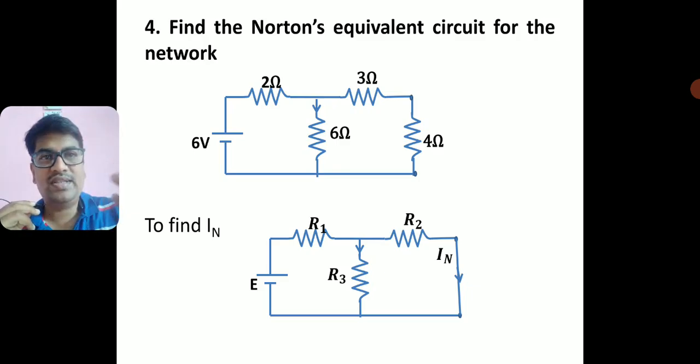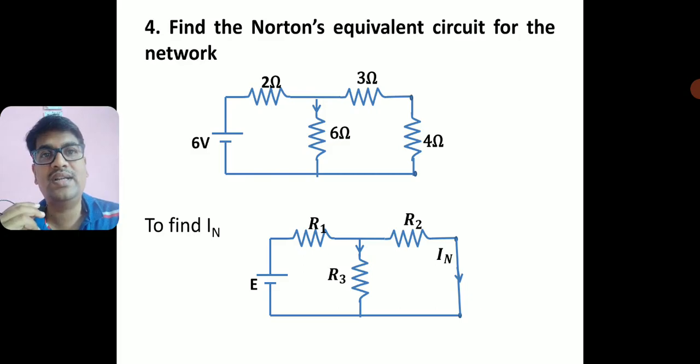The circuit is given, it's a 6 volts battery with 3 resistors in a complex arrangement, 2 ohm, 3 ohm, 6 ohm. Along with that, a load resistance of 4 ohm is connected. Now we need to convert this complex network into a simple Norton's network, not the Thevenin's.